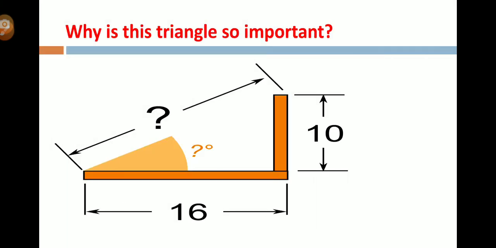Next, why is the right angle triangle so important? Imagine we can measure along and up but want to know the direct distance and angle. Trigonometry can find that missing angle and distance.